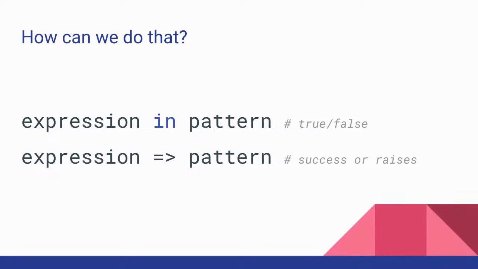So in Ruby 3.1, for example, if we use the in keyword for pattern matching, we receive true or false. Using the equals greater than operator, you receive a success or an error is raised. You can assume from here on that in every example I show, you could use either the in or equals greater than operator if you're dealing with Ruby 3.1.